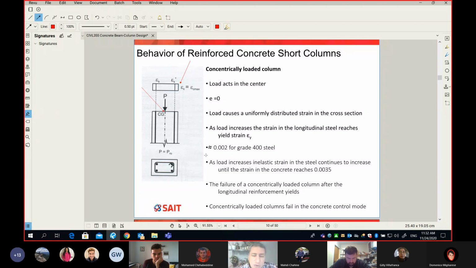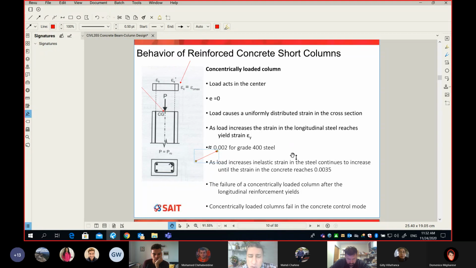By now, you're supposed to remember this number, 0.002. This number is epsilon y, the first point of yield of the rebar. As soon as the strain becomes 0.002, those vertical bars will start to yield.